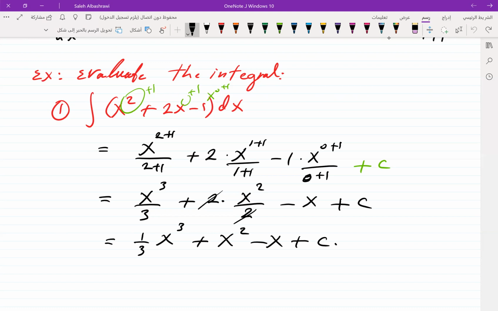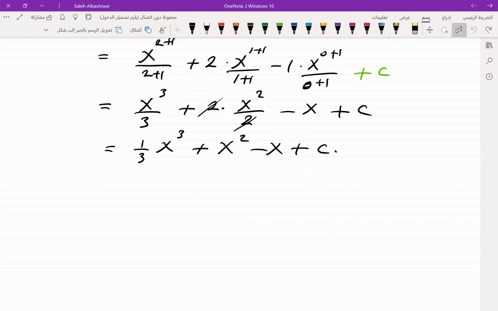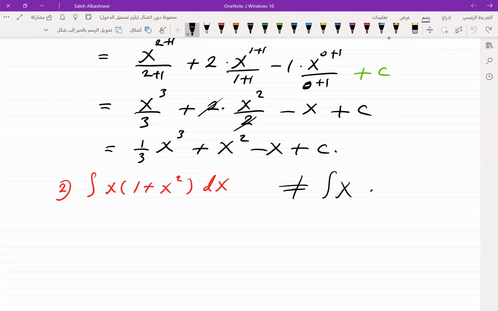Add 1 to the power for the polynomial. Number 2, integration of x multiplied by 1 plus x squared dx. I have multiplication, so I have to open the bracket. And we have to be careful, this is not equal to integration of x multiplied by integration of 1 plus x squared.